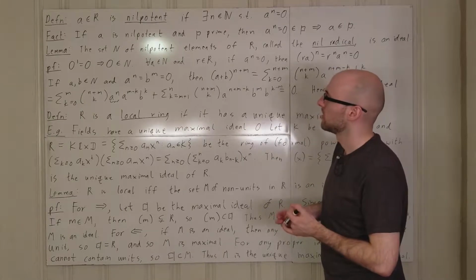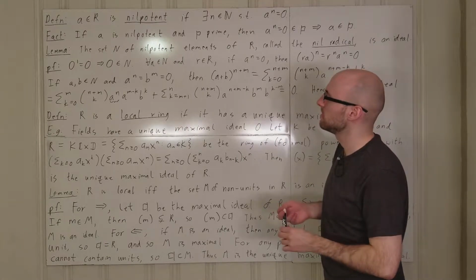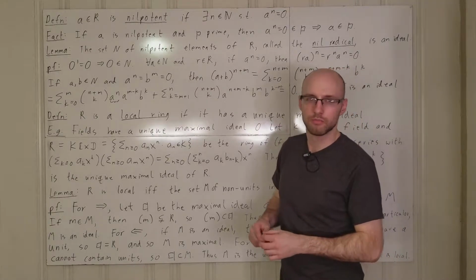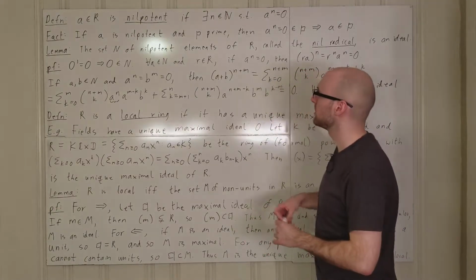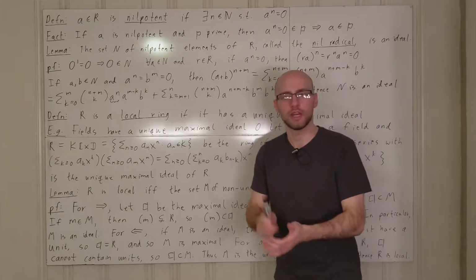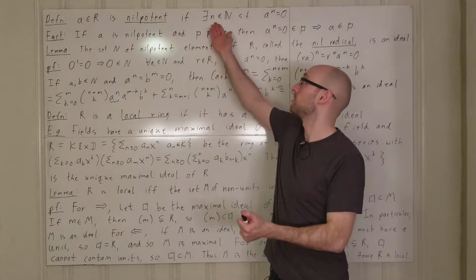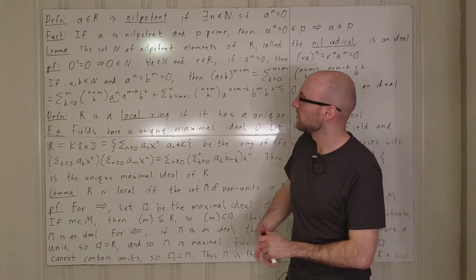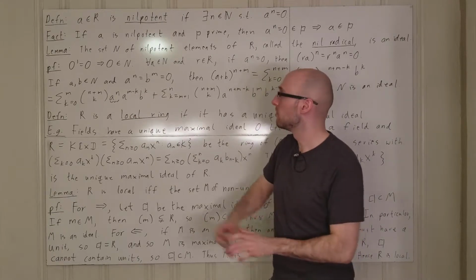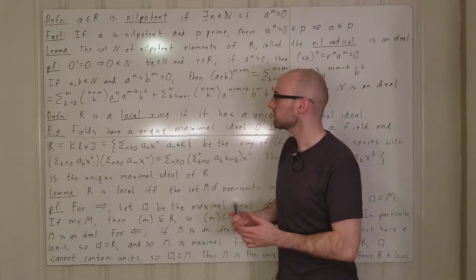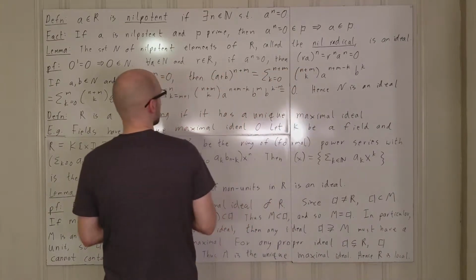In a ring, we don't really know how to deal with negative powers per se. We know how to deal with powers in the natural numbers. That's just you multiply the thing by itself n number of times. We don't really know how to break it up into a negative power. So we need to do this so that we ensure that all of these powers are positive. And here this all works out fine.